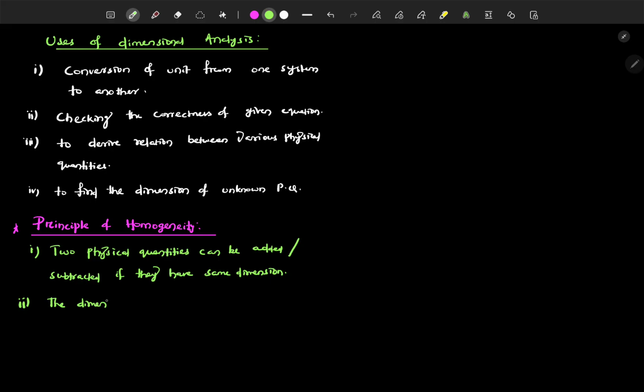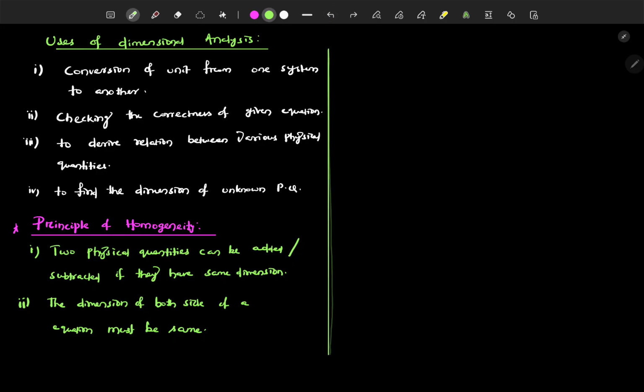The dimension of both sides of an equation must be the same. Let's understand these two principles in detail. Let us think about what the principle is saying. Now see.